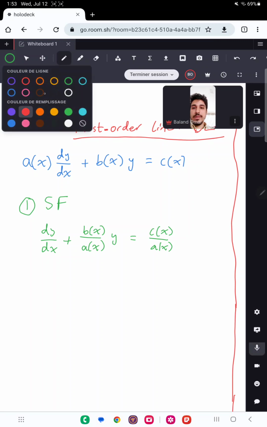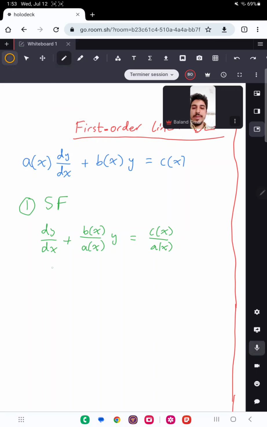I can rewrite it in a more pleasing way: dy/dx plus p(x)y is equal to q(x), because p(x) I can just say is b(x) over a(x), and q(x) is equal to c(x) over a(x). I just simplified it.